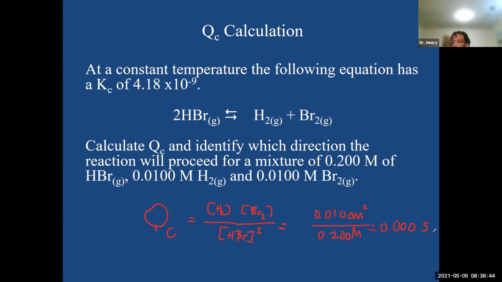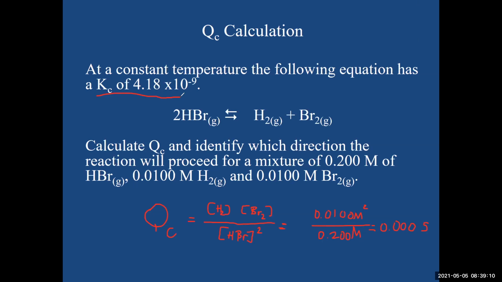Okay, so which way would we go? Which way would the reaction be favoring or going towards? So do we look at the mixture concentration? Nope, you compare the Kc, right? So you look at the Kc, is this Kc bigger or smaller?